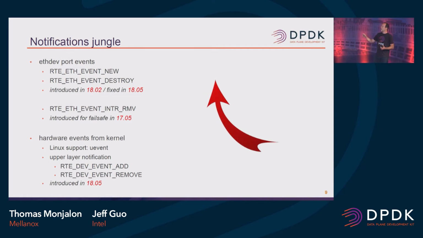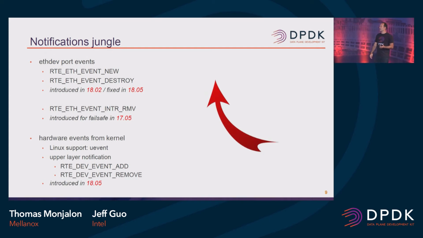We have, at the ethdev level, also another event which is interrupt removal, RMV, which says this port is not removed logically in DPDK, but in fact, you cannot use it anymore because probably someone removed it physically. Okay, so you need now to remove it logically and stop trying to poll this device.